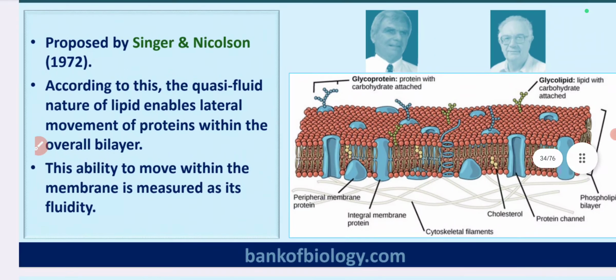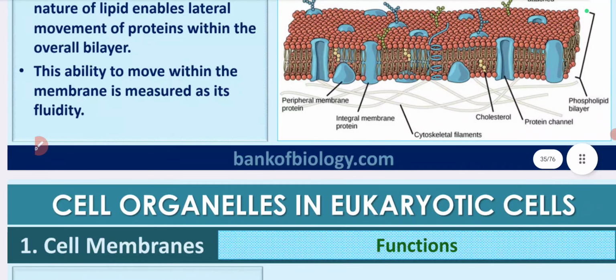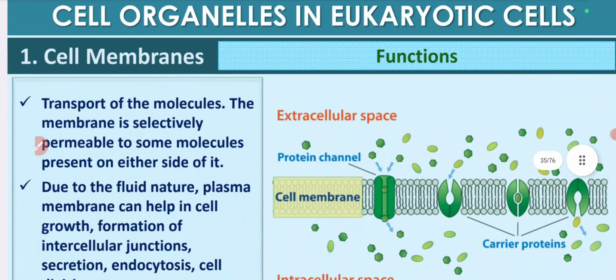See the diagram: glycoproteins are proteins with carbohydrate attached, glycolipids are lipids with carbohydrate attached, and below you can see peripheral membrane proteins, integral membrane proteins, cytoskeletal filaments, cholesterol, protein channel and phospholipid bilayer. Next, functions.